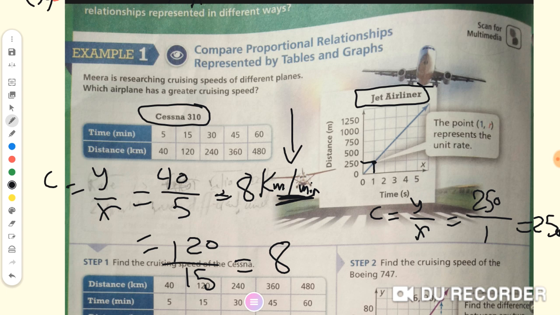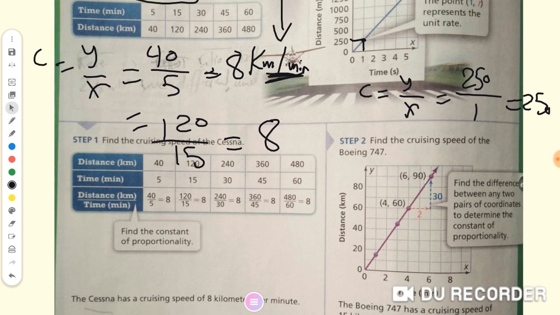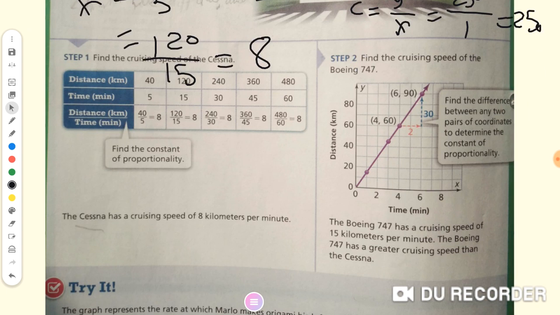To compare them, it seems here it is by second and here by minute to represent the rate. As you see, we calculate the proportional constant, and we first have to convert the relation for the airplane to be in minutes, because the first one is in kilometers per minute and this one is meters per second.